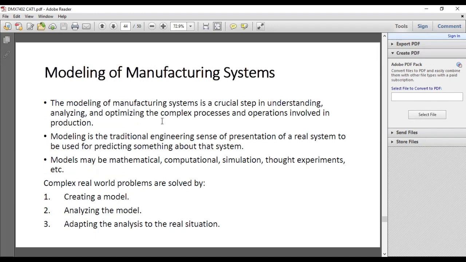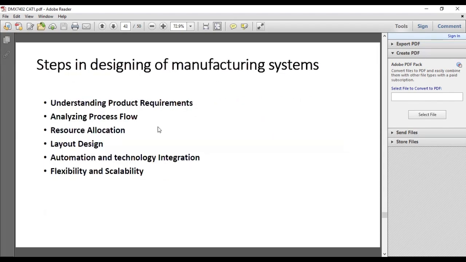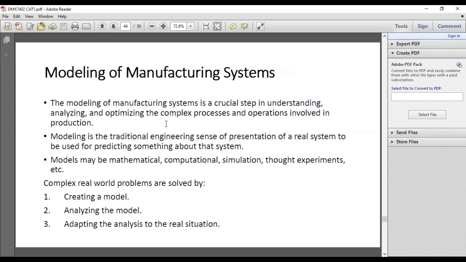So let's see about modeling of manufacturing systems. When you are designing or analyzing a manufacturing system, you have to create a model.